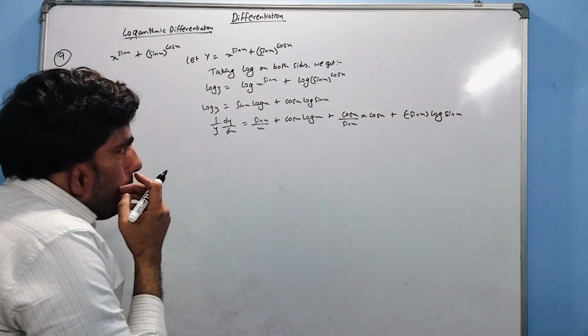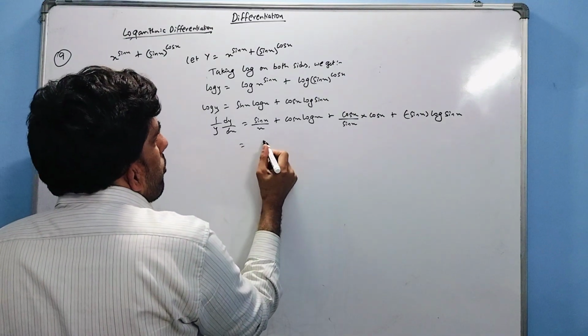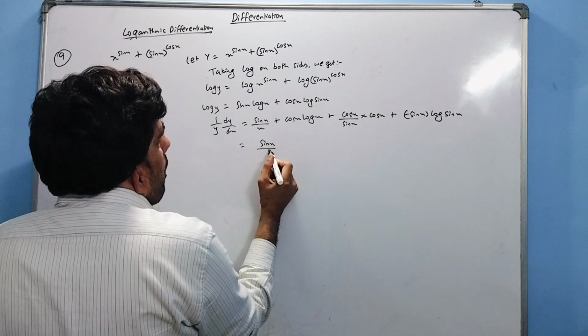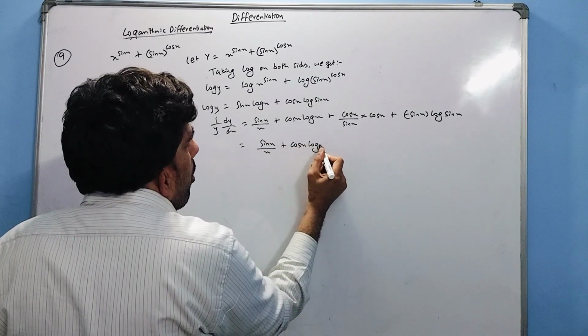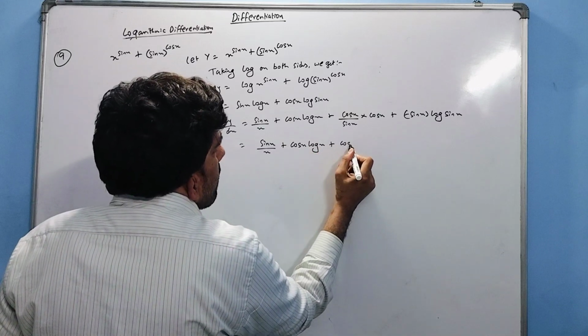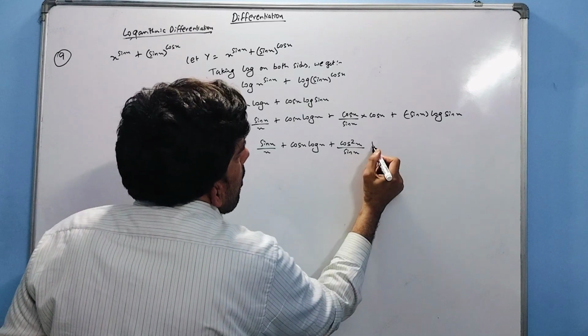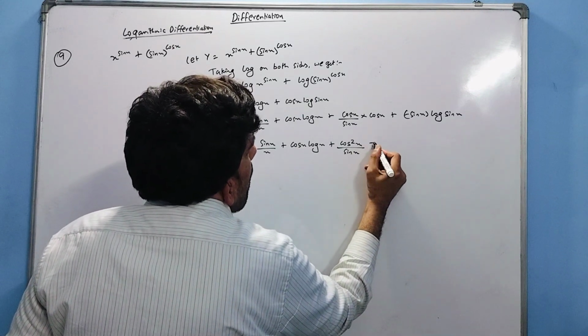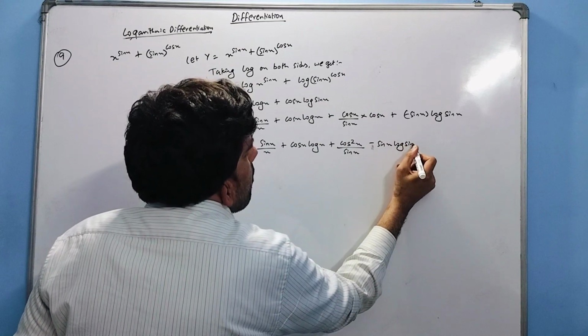Now in a simple way: sin x upon x plus cos x log of x plus cos square x upon sin x minus sin x log of sin x.